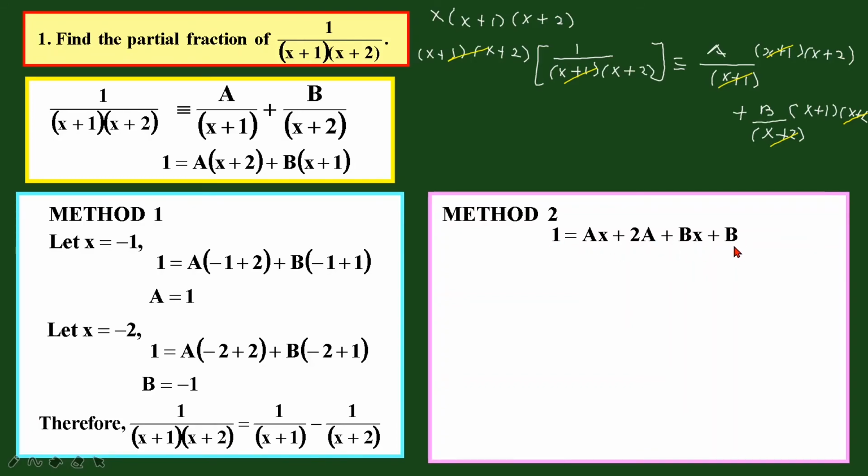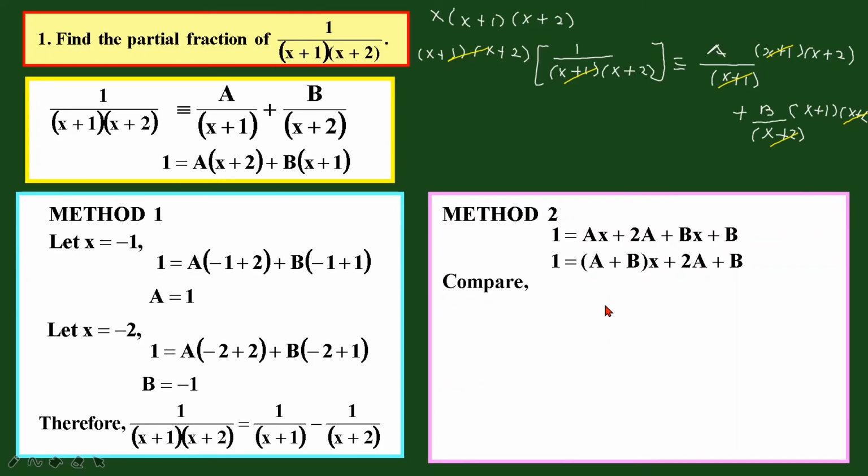After I've expanded the brackets, I need to collect all the ones with coefficient x on one side and the constants, or if they have x power of 2 or x power of 3, you will collect all of them together. With the same x with the same degree, you just collect the numbers together.